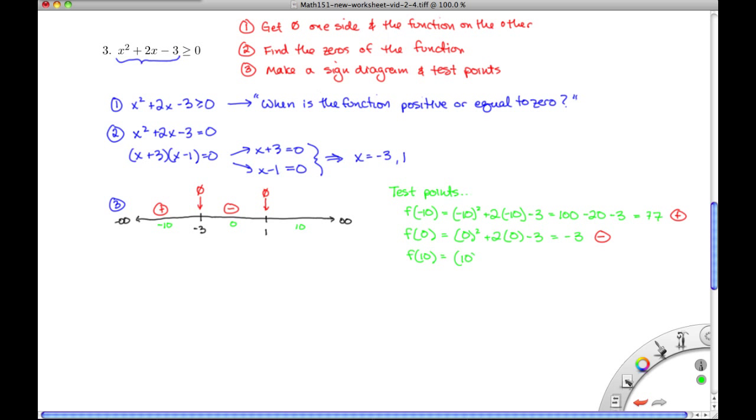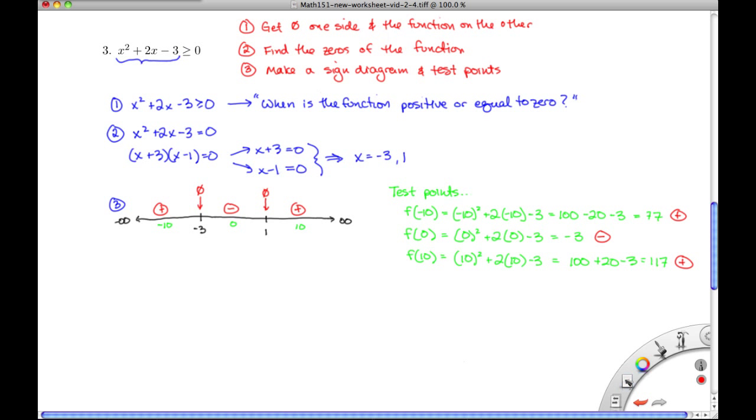If we plug in 10 squared plus 2 times positive 10 minus 3, we'll get 100 plus 20 minus 3, which is going to give us 117. And again, this is a positive number, so we're going to put a plus on our sign diagram for that interval.